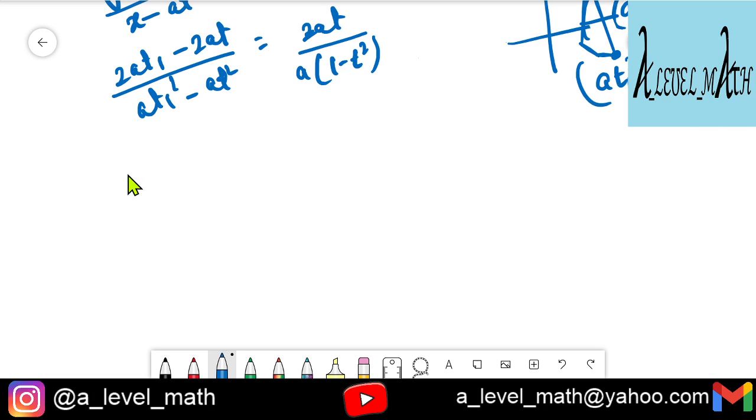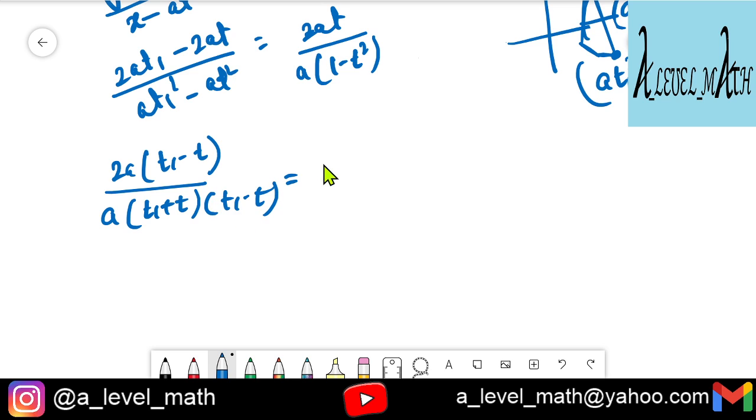So let's take 2a common. If I take 2a common, I get t1 minus t divided by, if I take a common, I get t1 square minus t square. So I can factorize t1 plus t, t1 minus t, is equal to 2at by a times, okay, let's keep it as is, 1 minus t square. 2a and 2a cancel out, t1 minus t and t1 minus t cancel out, and then I can cross multiply.